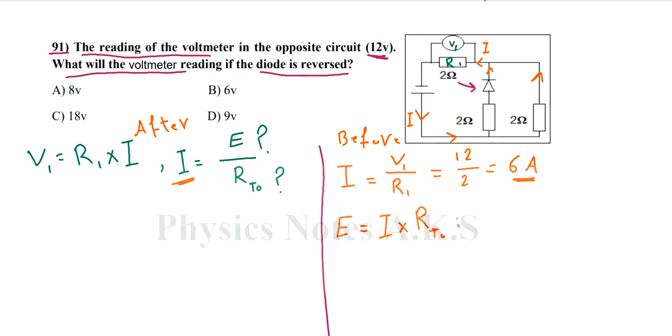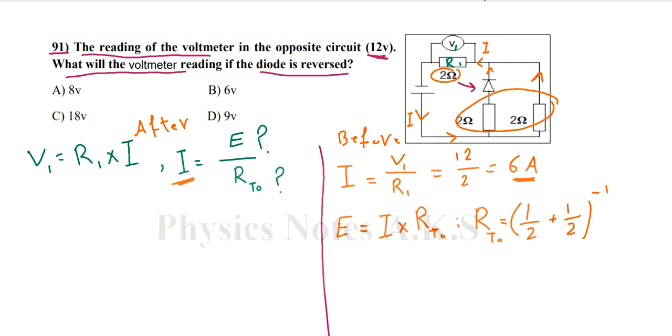Now let's find the total resistance R. I want you to pay attention. I have two resistors of 2 ohm connected in parallel, and this parallel combination is connected in series with this one. So I can simply say, I hope that you follow me, 1 by 2 plus 1 by 2, all to the power minus 1.